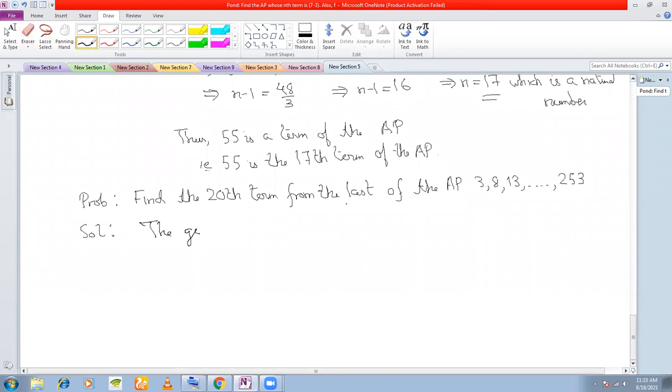Whether we write the AP in the normal order or in the reversed order, it will remain an AP.